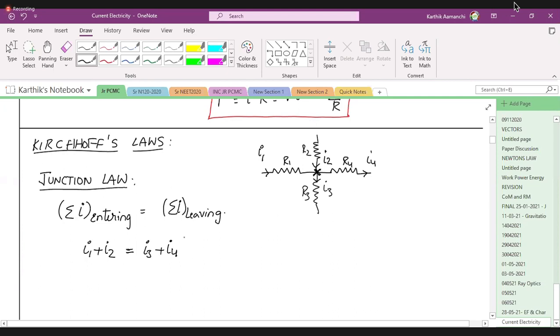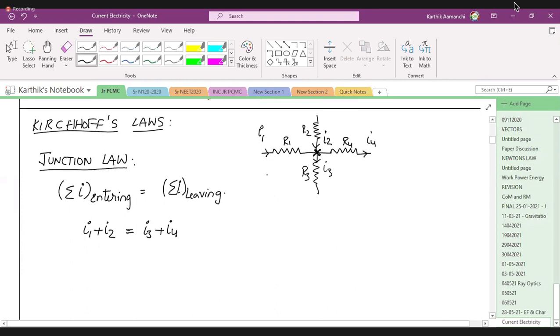Clear? So junction law: the algebraic sum of currents entering the junction will be equal to the algebraic sum of currents leaving the junction. This is what your junction law is.